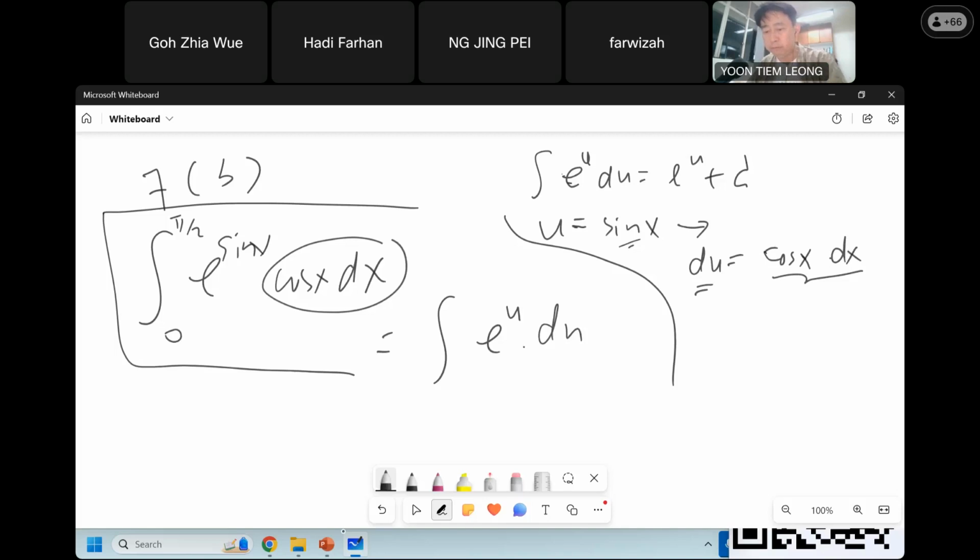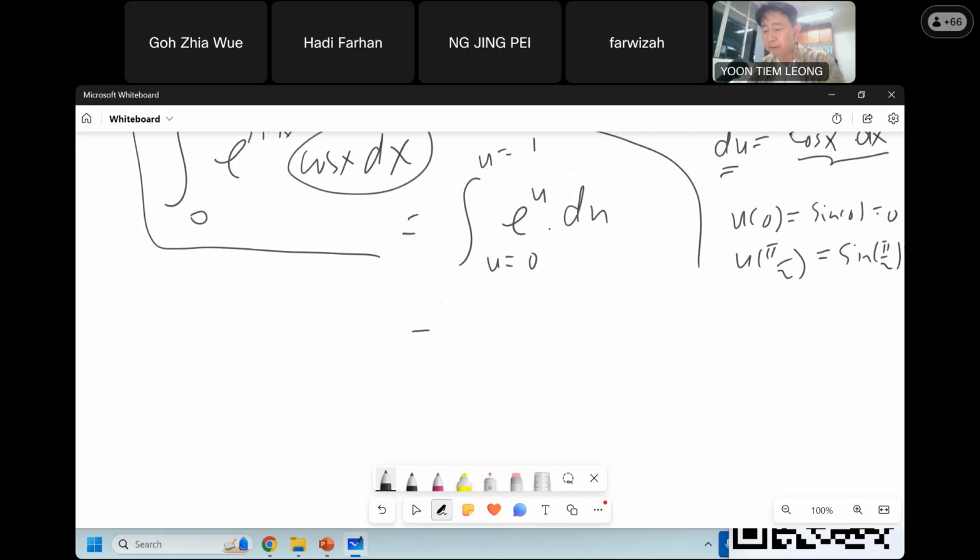Then you have to change the limits. When x is equal to 0, u is sine of 0, which is just 0. And then u at pi over 2 is equal to sine of pi over 2, and this is equal to 1. Therefore, here you have u equals 0, and here you have u equals 1.